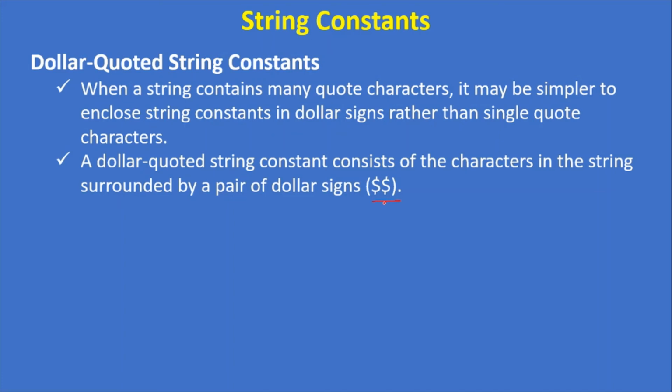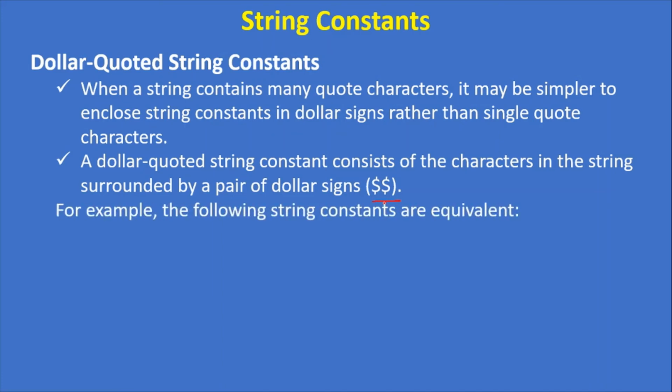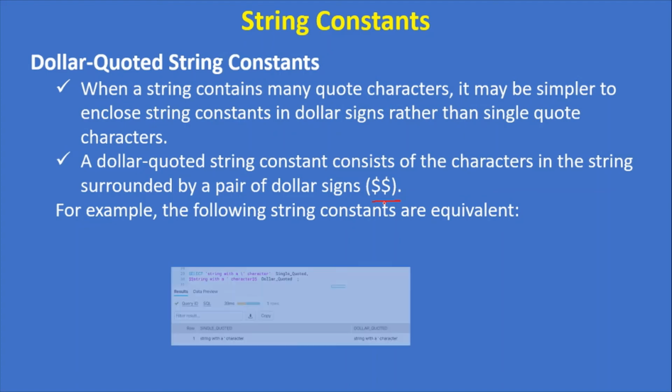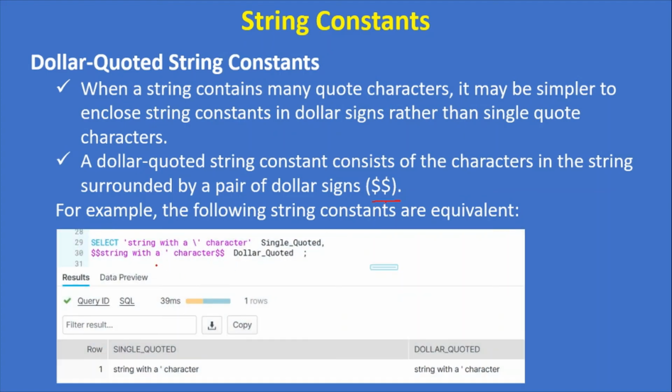Let me show you an example. The following string constants are equivalent: the first, single quoted string uses escape, and the other, dollar quoted string, uses only dollar signs, without any escape. Dollar dollar at the beginning and dollar dollar at the end.